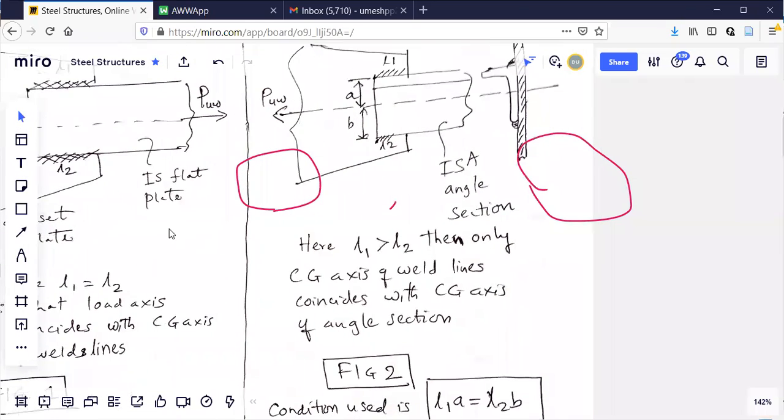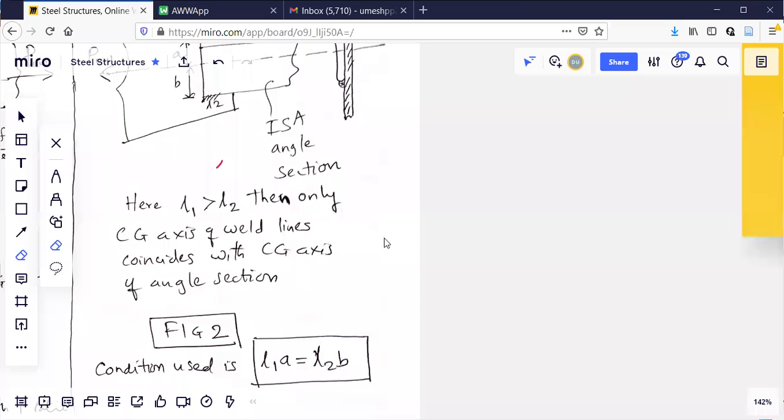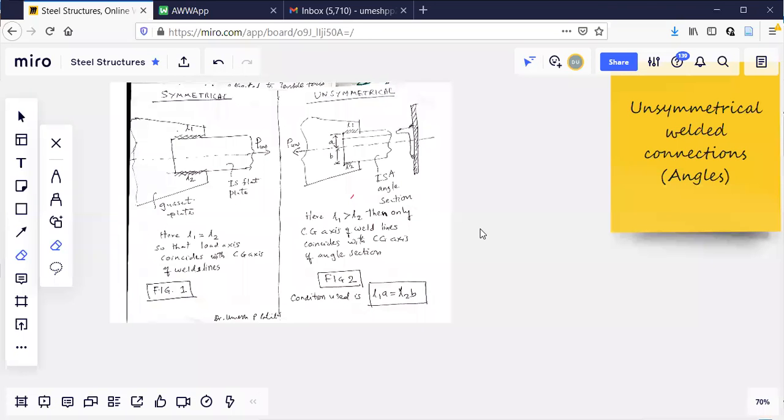How to solve the problem? See here, how do we solve this problem? Just observe this carefully here. The cross section and front view both I have drawn here.